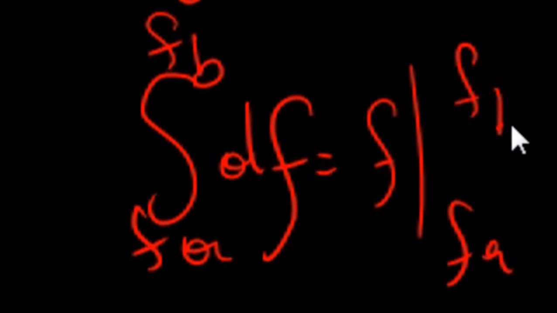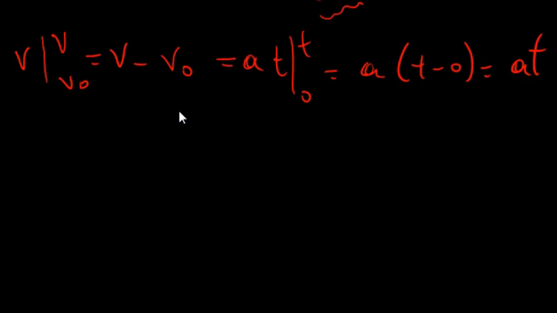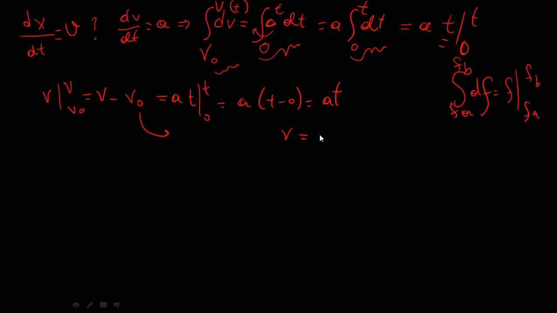Here we use the fundamental law of calculus, that is, the integral of the differential of any function is nothing but the function itself with appropriate endpoints, and we obtain this result. Finally, by taking this to the right hand side, changing its sign, we get v equals v naught plus a times t.